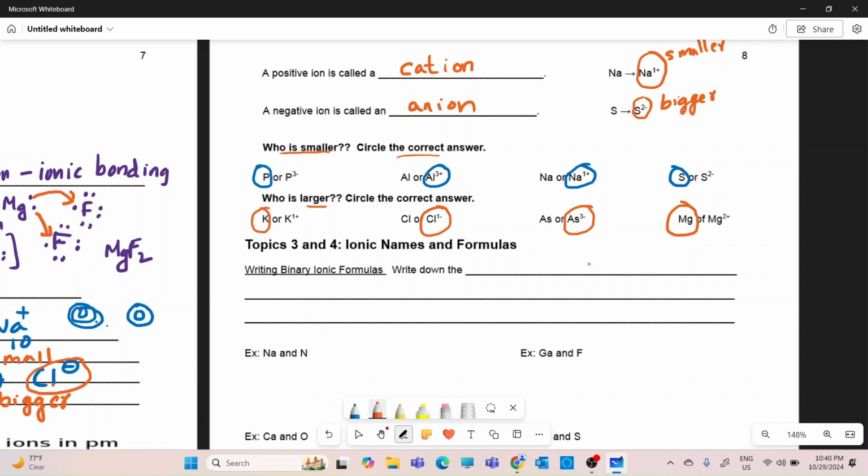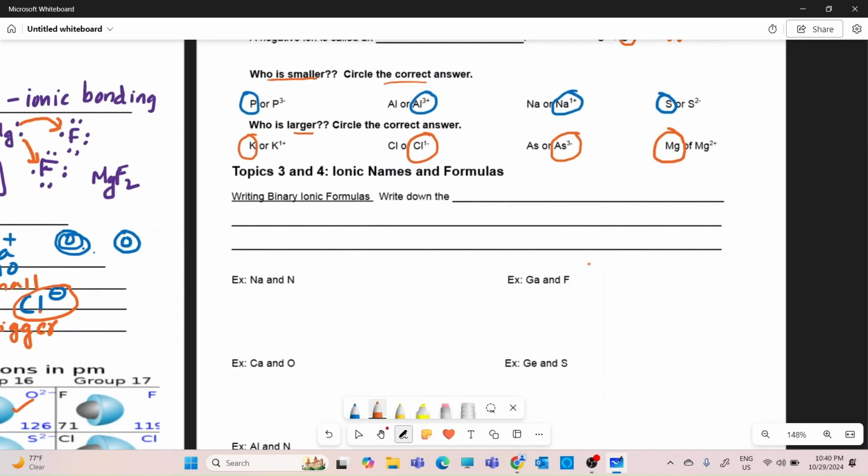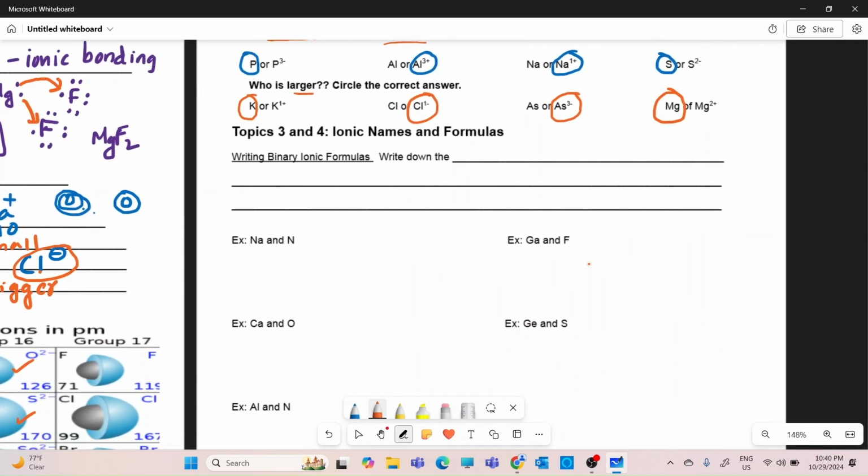Okay, so this is the last one we are learning today. Ionic names and formulas. We are going to learn formulas today and names tomorrow.